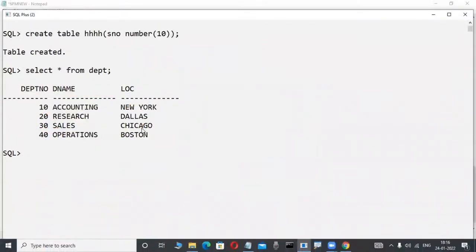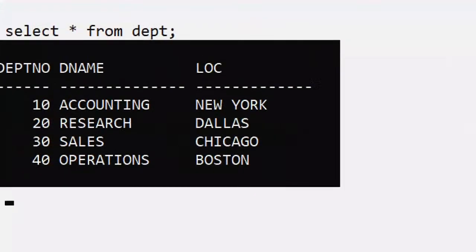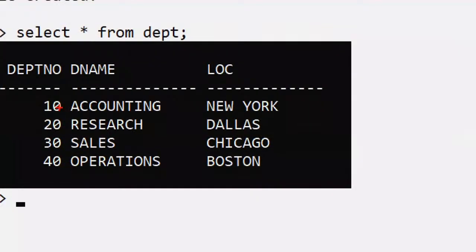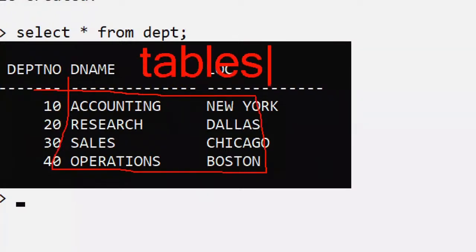From 1970 onwards, data is represented at a logical structure in the relational data model. Relational data model means data is represented in the format of a matrix, meaning rows and columns. Nowadays that is also called two-dimensional tables. Before 1970, this data model was not there.